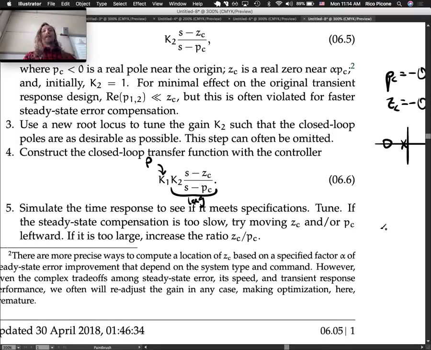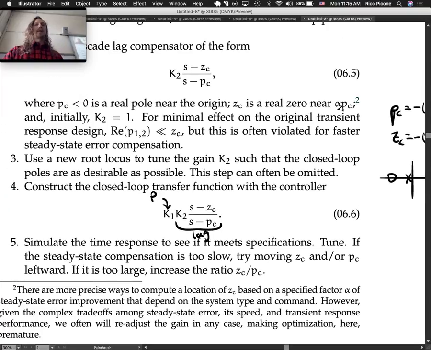And then if the steady state error is too large, so remember, we're not reducing it to 0, we're just reducing it by some finite factor. And that finite factor is approximately ZC over PC, which is, by construction here, alpha, right?